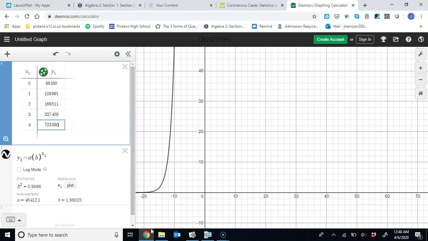But this is also, remember, taking into consideration that we have a lot of other things that could be coming into play here. Possibly the fact that we're just testing more people, and maybe it was here a lot longer than we thought. So it may not be doubling every week as much as the fact that we're testing more people.